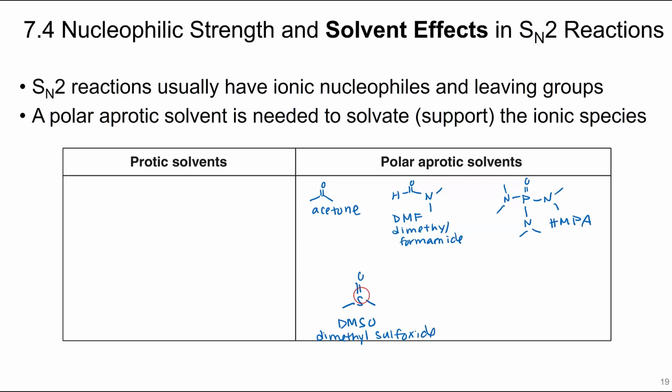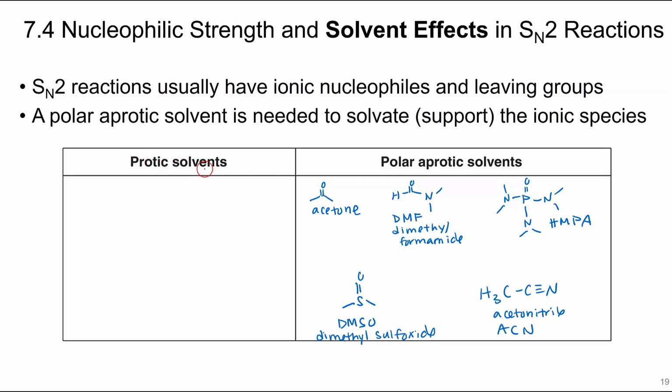So this looks like acetone but has a sulfur there. And then the last one is acetonitrile, which can be abbreviated ACN. So usually these polar aprotic solvents for some reason tend to have acronyms. So we have acetone except for that one, DMF, HMPA, DMSO, and acetonitrile. So these are all polar but don't contribute a proton.